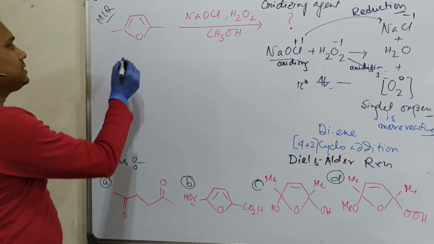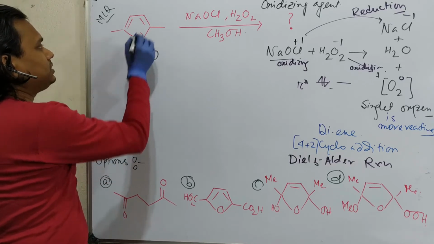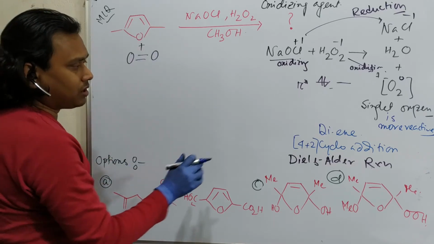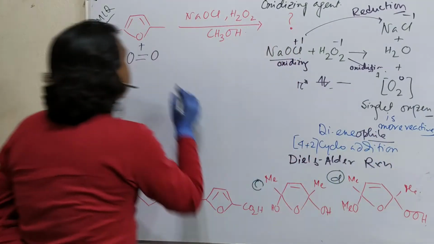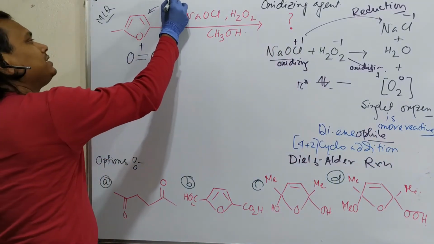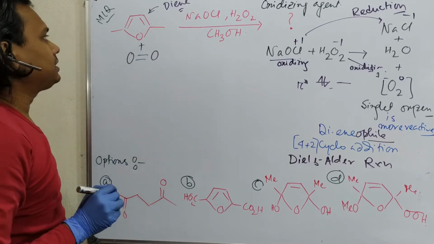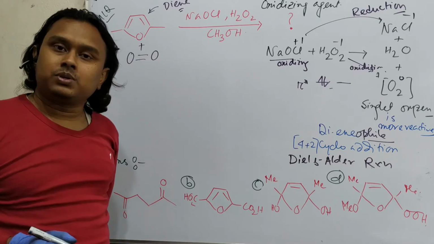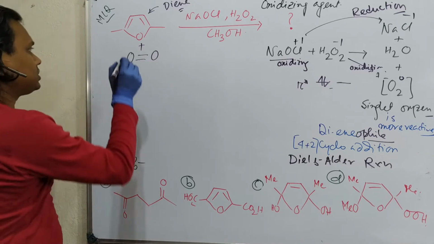Now, what happens? This is a double bond, so this is actually not diene, dienophile. I made a mistake. This part is actually the diene, furan, and this is oxygen. By the way, remember, furan is an aromatic compound. Why does it act as a diene? Because during the reaction, its aromaticity is lost. Let me show you.